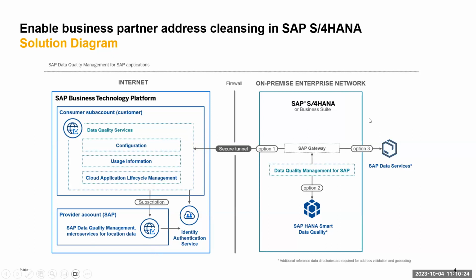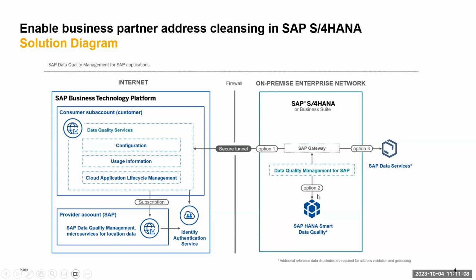For the S/4HANA side, we have the Data Quality Management for SAP. That's the add-on, and sometimes we refer to it as DQM for SAP. We basically have 3 different options. Option 1 is the connection to the BTP service that we are going to talk about today, and this is the focus of this mission. This is the HTTPS connection, the secure tunnel, and it's going to call the REST API service to do the address validation.